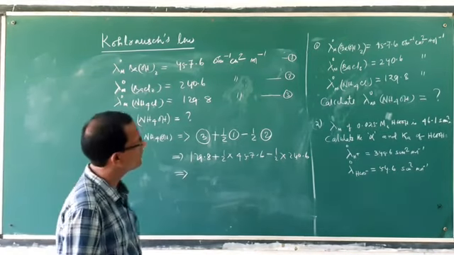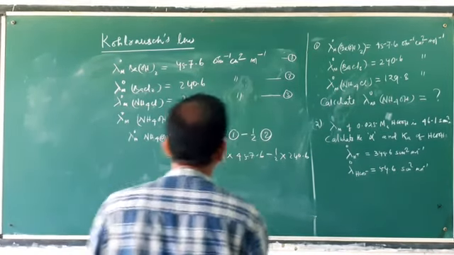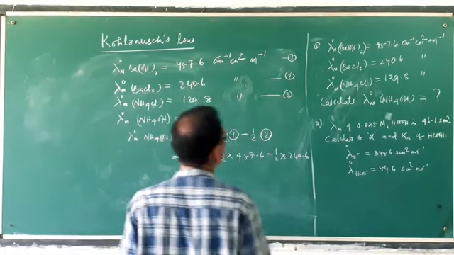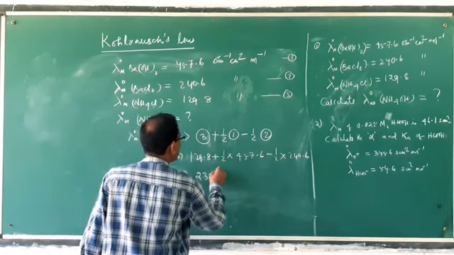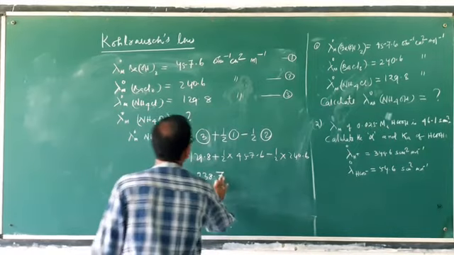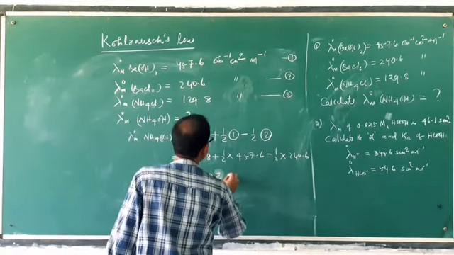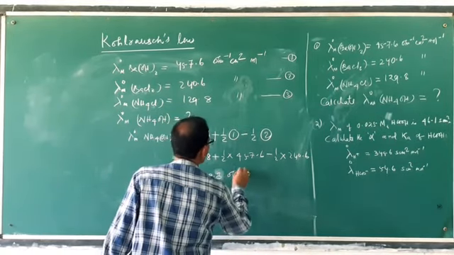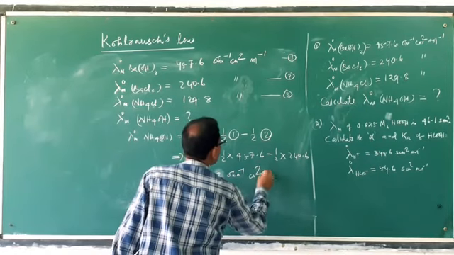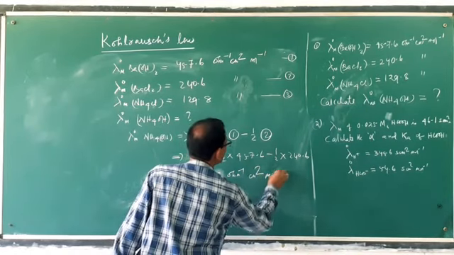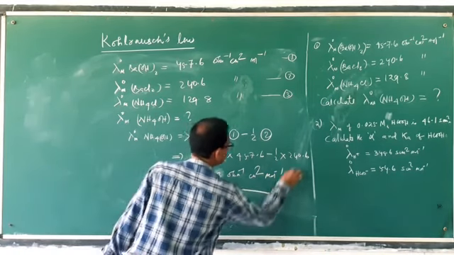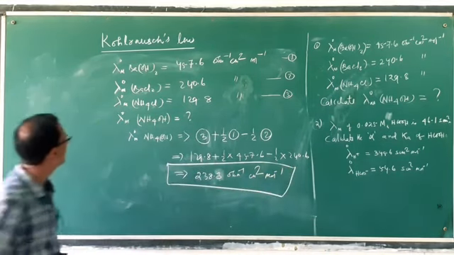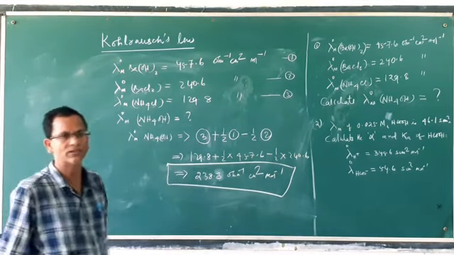The result will be 238.3 ohm inverse centimeter square mole inverse. This is the actual result of lambda m naught of ammonium hydroxide.